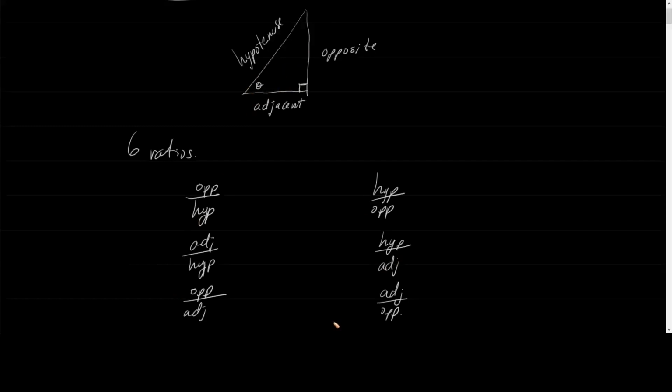We have names for every single one of these ratios. This first ratio is called sine theta. The second ratio over here, so opposite over hypotenuse, that was sine. Adjacent over hypotenuse is cosine theta, and opposite over adjacent is tan theta. Similarly over here, the reciprocals also have names. The reciprocal of sine is cosecant.